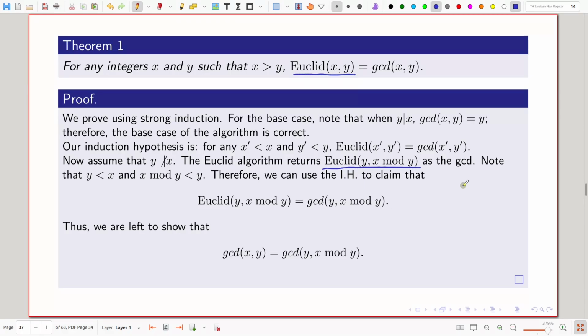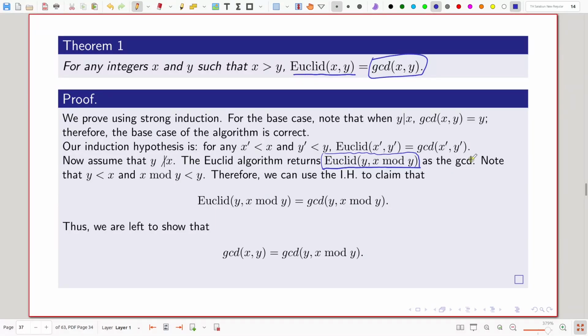So to show that the Euclid algorithm works correctly, we need to show that GCD of x and y equals the result of this function. We can do that by induction. We prove by induction on the arguments. So we assume that Euclid(y, x mod y) returns the GCD of y and x mod y.